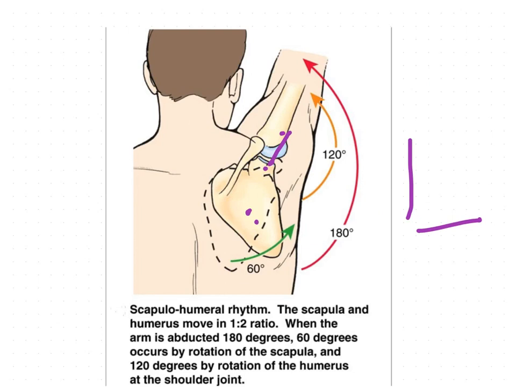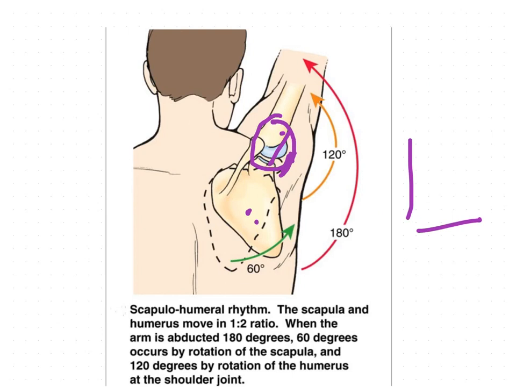In this early phase, motion occurs primarily at the glenohumeral joint, although stressing the arm may increase the scapular contribution. So at the initial range of elevation, only glenohumeral movements are taking place.